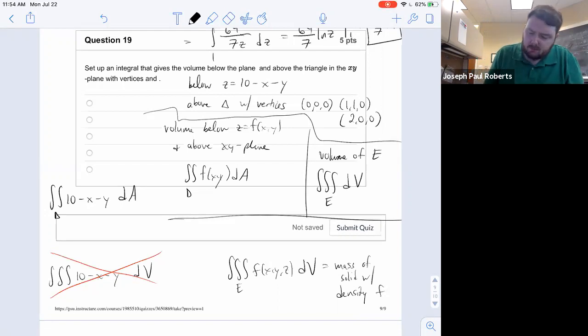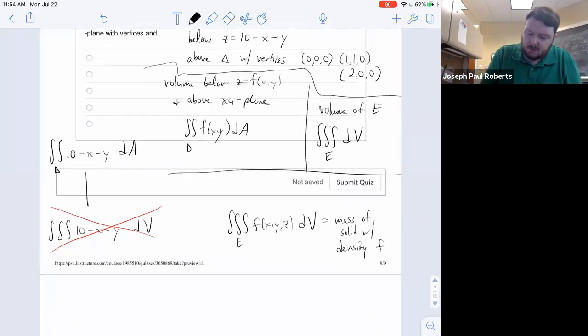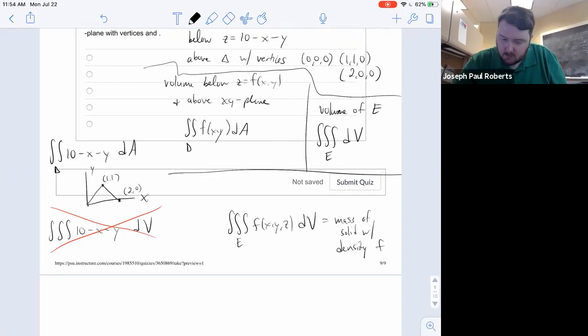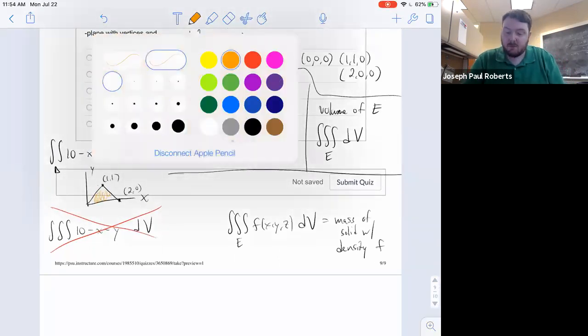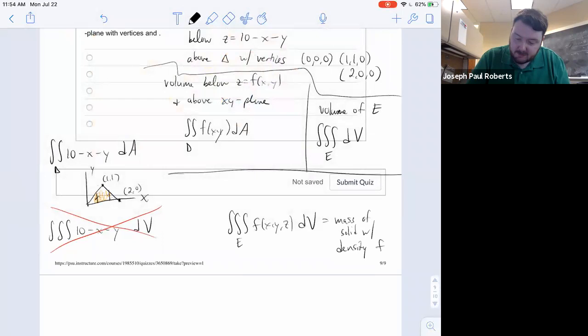And so then it's all about getting the bounds right. So we have to visualize our xy situation. The triangle that we're above is type 2, but not type 1. Notice the top curve changes, so you can't do it with one dy dx.